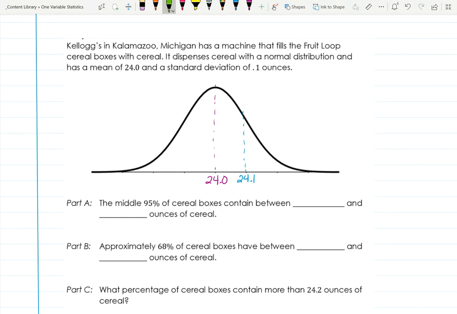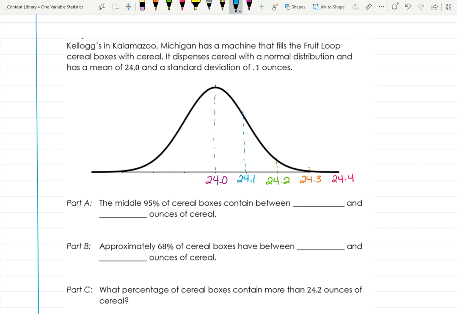So continue that, 24.2, 24.3, and the max would be 24.4 ounces. So you have to memorize those percentages, but to actually set up your normal curve, your bell curve, is just simple addition or subtraction.